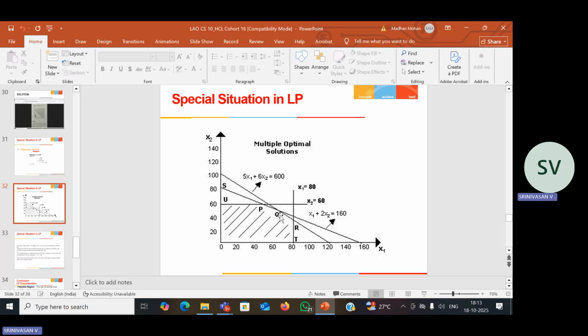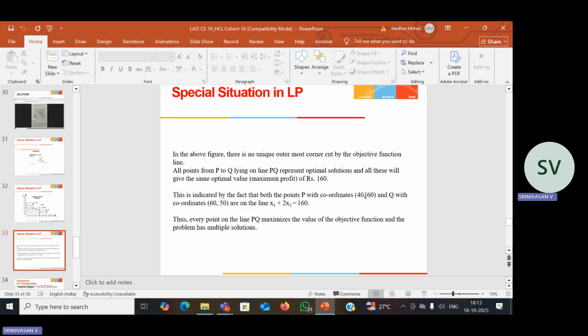Then Q. What is its coordinate? (60, 50). So 60 plus 100, 160. So both the points (40, 60) and (60, 50) are on the line x1 plus 2x2 equal to 160.